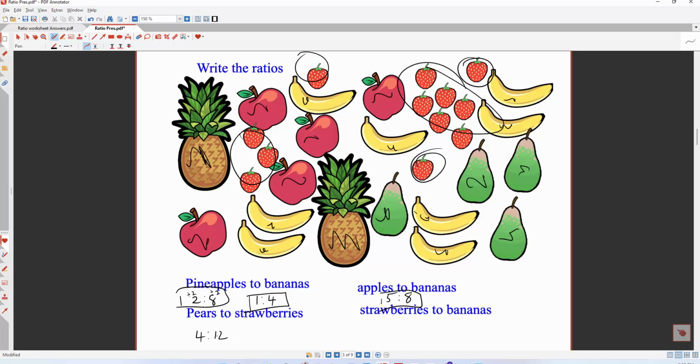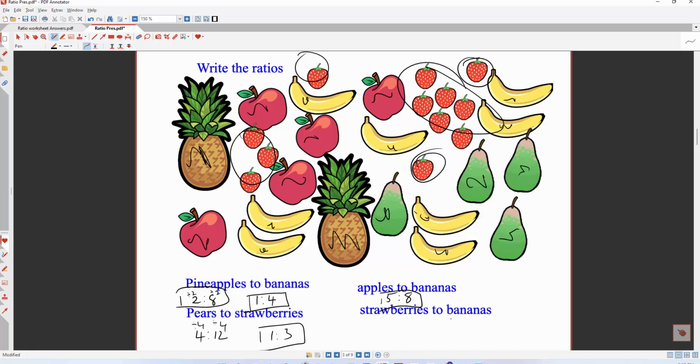So what we do is we look at the numbers and we think of the highest possible number that goes into both of them, and it's going to be 4. So we divide both of them by 4. So 4 divided by 4 is 1, and 12 divided by 4 is 3. So we've got a pears to strawberries ratio of 1 to 3. That means for every 1 pear, we have 3 strawberries.